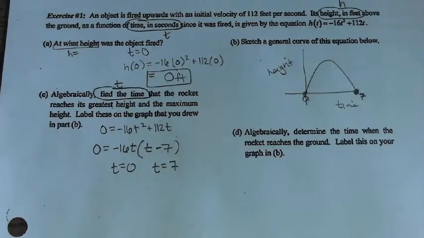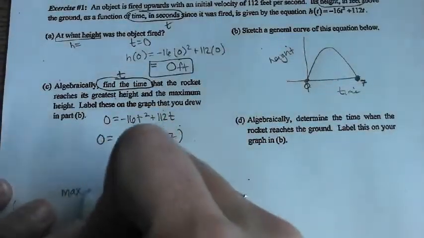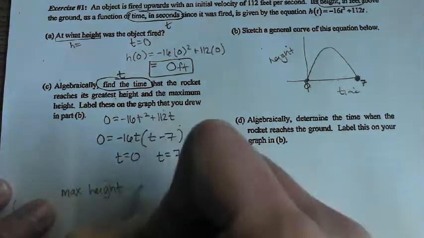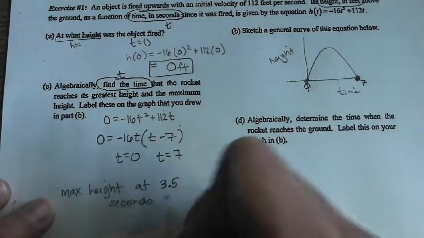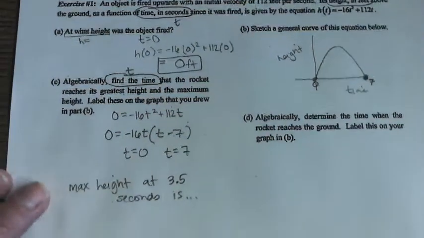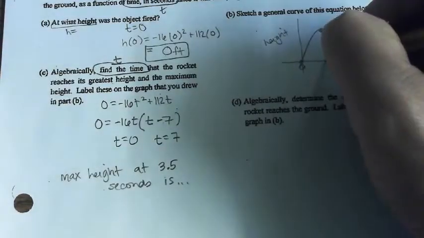So it's going to reach its maximum halfway in between there at how many seconds? 3.5 seconds. So the max height at 3.5 seconds is, how are we going to find that out? We know the x-coordinate is 3.5.